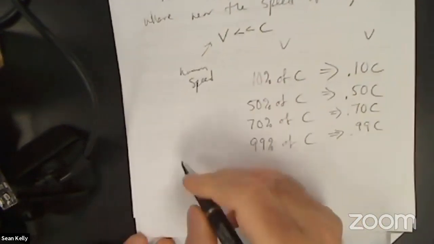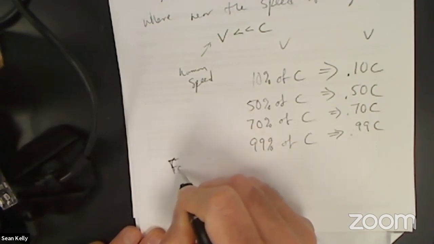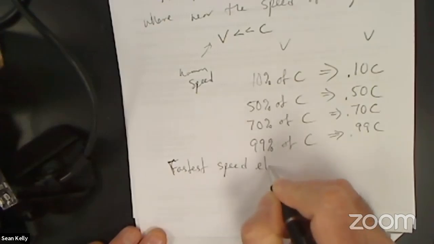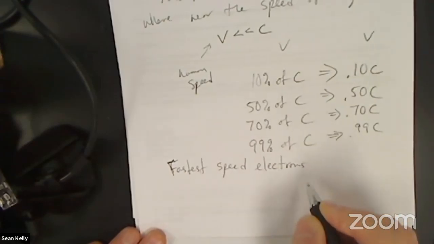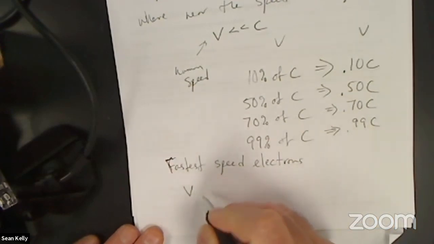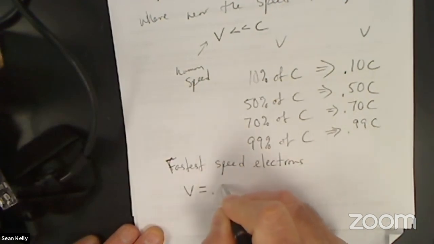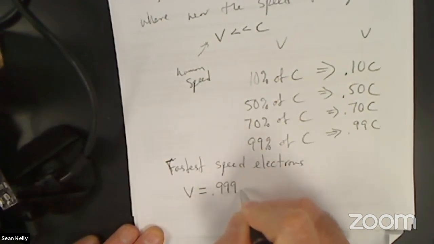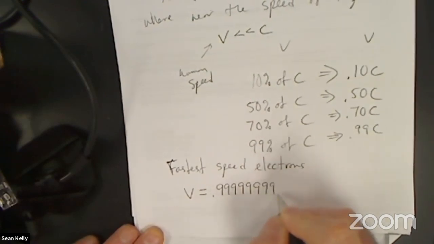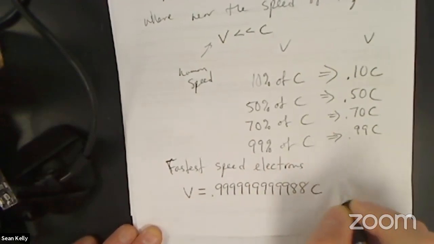But we can shoot electrons, right? I'm going to write this down for you just so you know: the fastest speed electrons that we've ever accelerated. How fast have we made electrons move? Okay, and this is going to be kind of crazy. Ready? The fastest speed electrons actually moved is 0.999999988c.